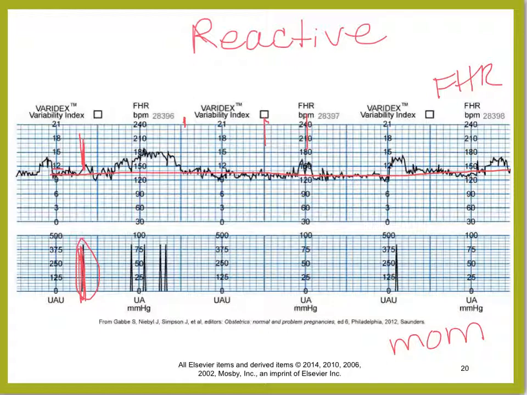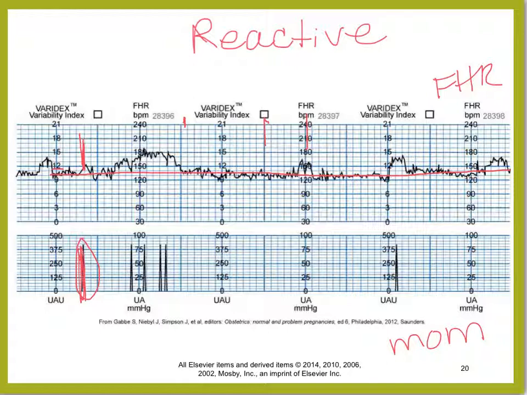They have to last longer than 15 seconds, and they must be 15 beats above baby's baseline heart rate. 2 accelerations in 20 minutes, lasting 15 seconds and 15 beats above baby's baseline. If the baby is less than 32 weeks, there's a whole different criteria.